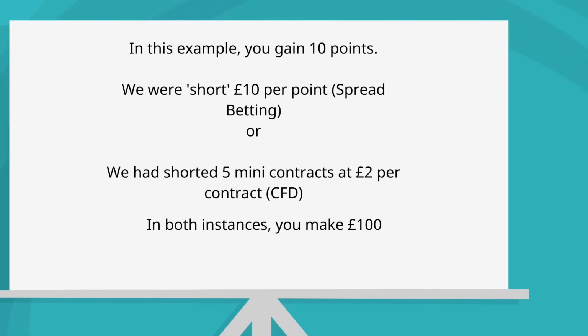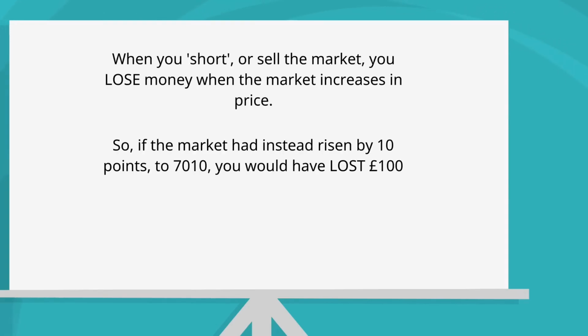In both instances, you make £100. When you short or sell the market, you lose money when the market increases in price. So if the market had instead risen by 10 points to 7,010, you would have lost £100.